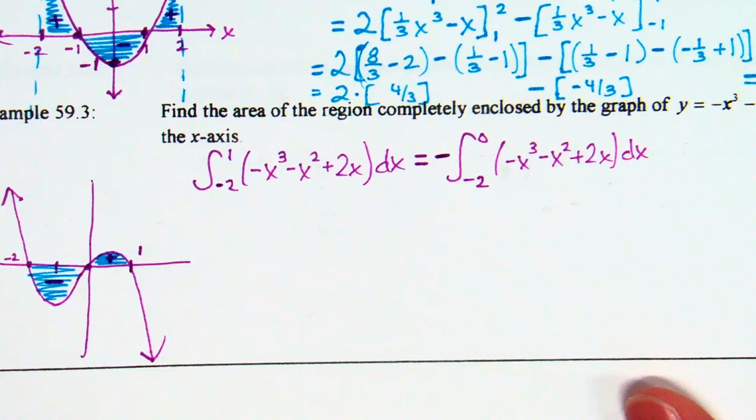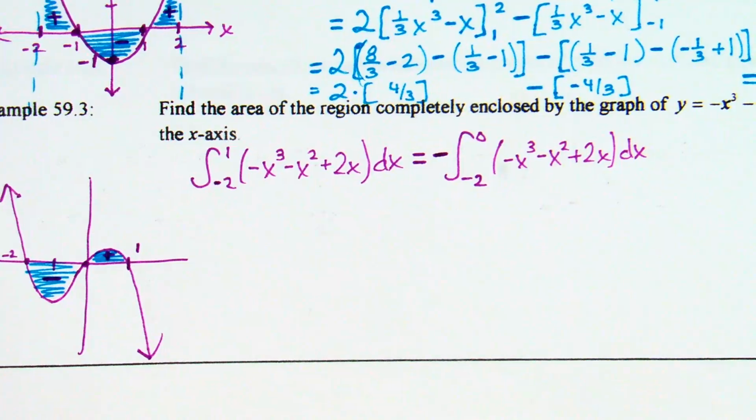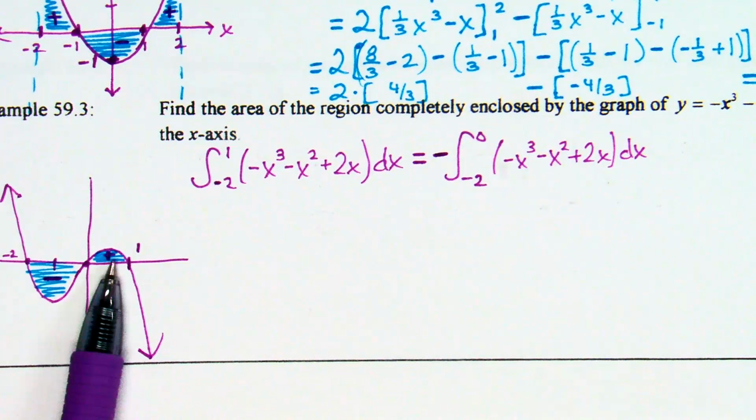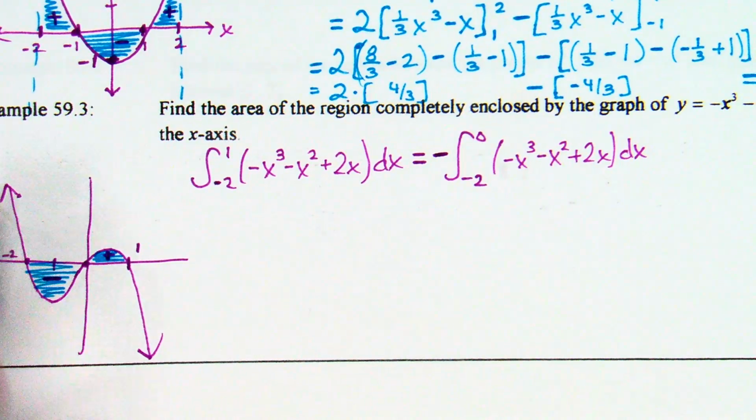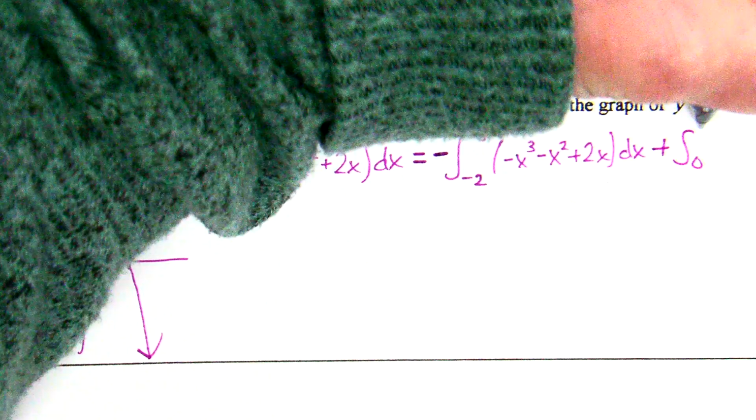And then, what about the next integral? It's a positive amount because it's above, so we're going to add, and it goes from 0 to 1. So we are adding the integral from 0 to 1 of -x³ minus x² plus 2x dx.